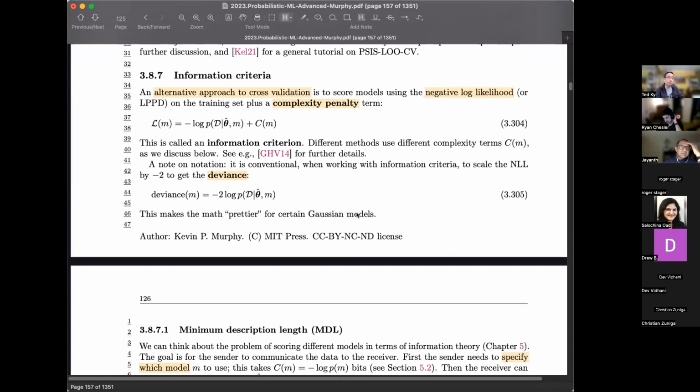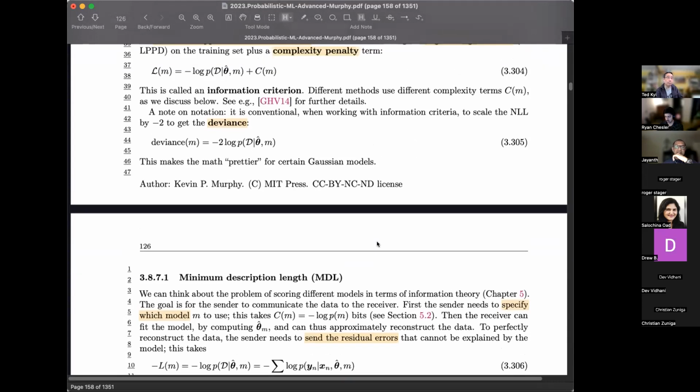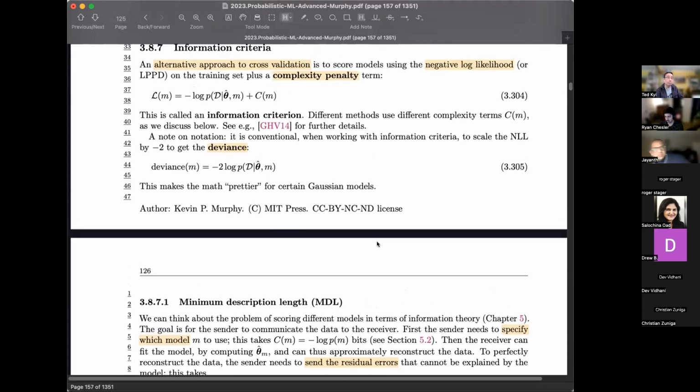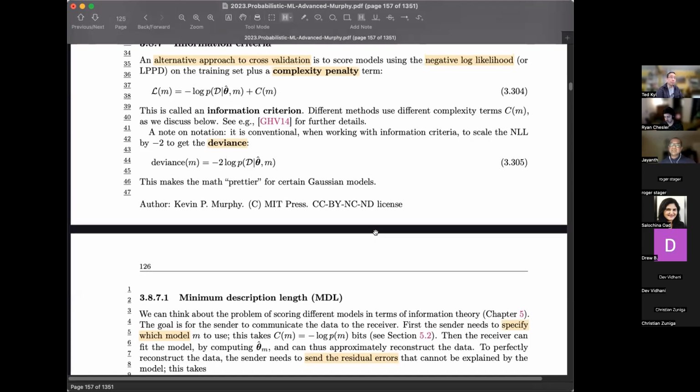Here he talks about 3 different information criteria. I think some of this is regularly used in statistical inference.